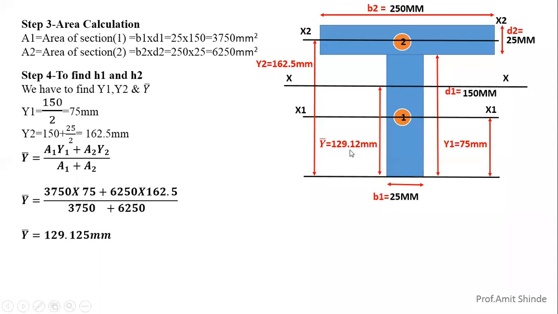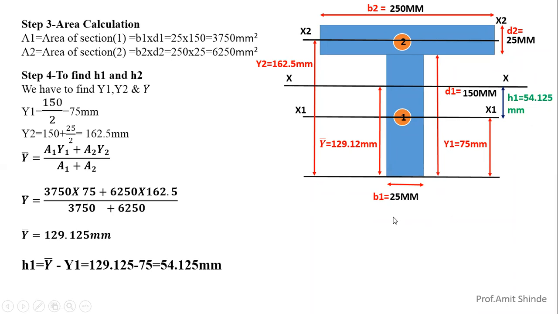Your distance h1 is y bar minus y1, the difference of these two. This distance is h1 and its value is 54.125 millimeter.